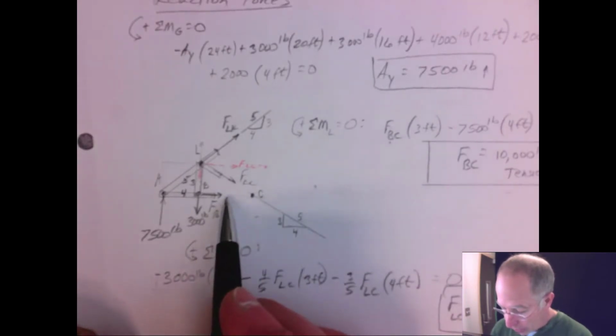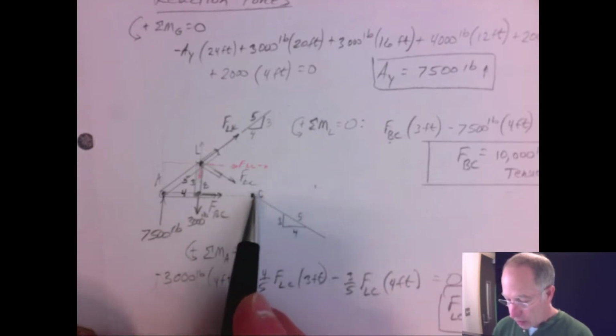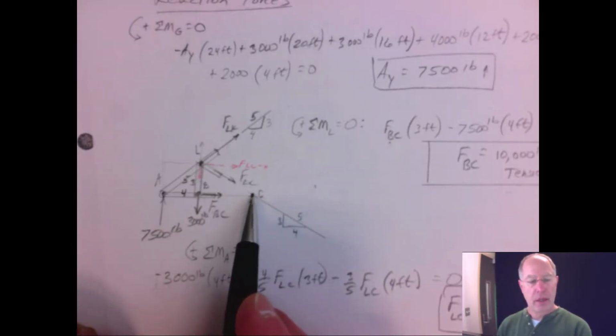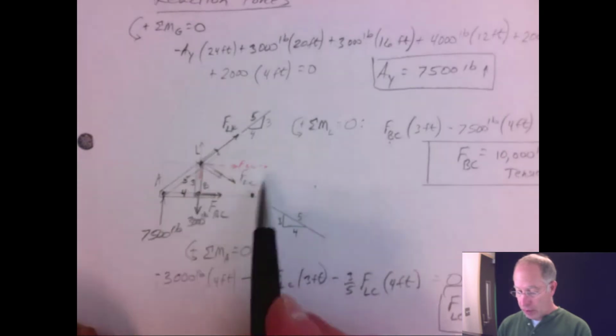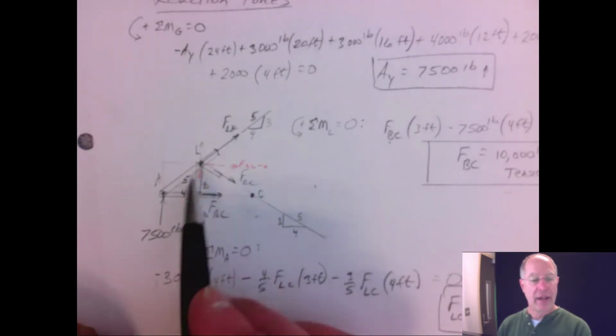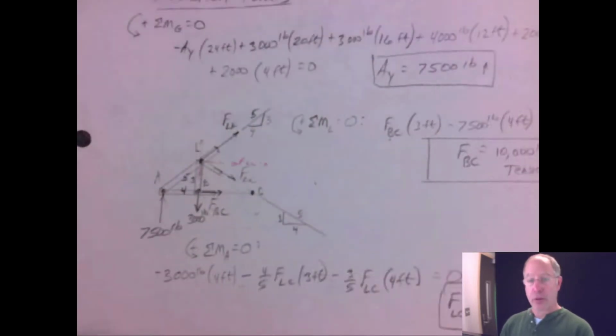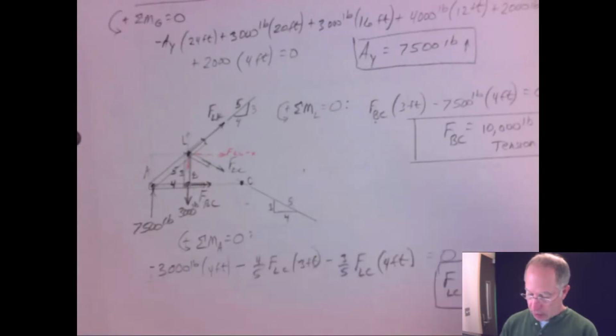And if we do that, then we eliminate FBC and FLC, because the line of action of those forces passes through point C, so we can solve directly for the X and Y components of FLK. That's a pretty cool trick. So let's see how it works out.